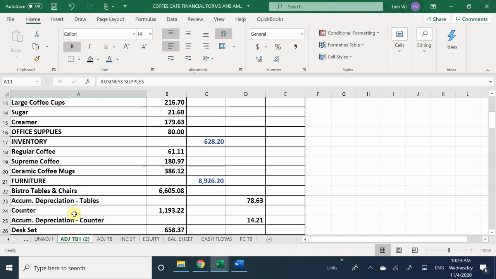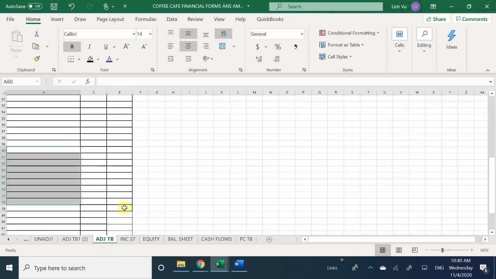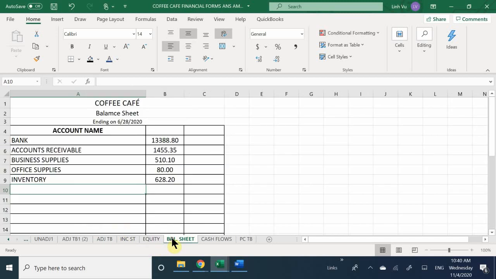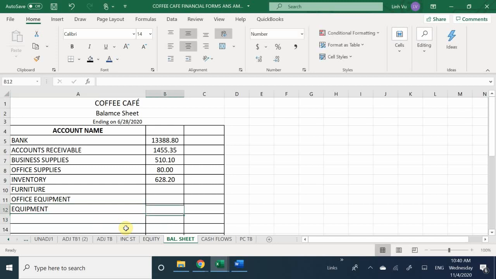And then I should have, what's next? What, furniture? I have furniture. Right, and I should have office equipment. I should also have regular equipment. Okay, so let's go ahead and, what's my total furniture?